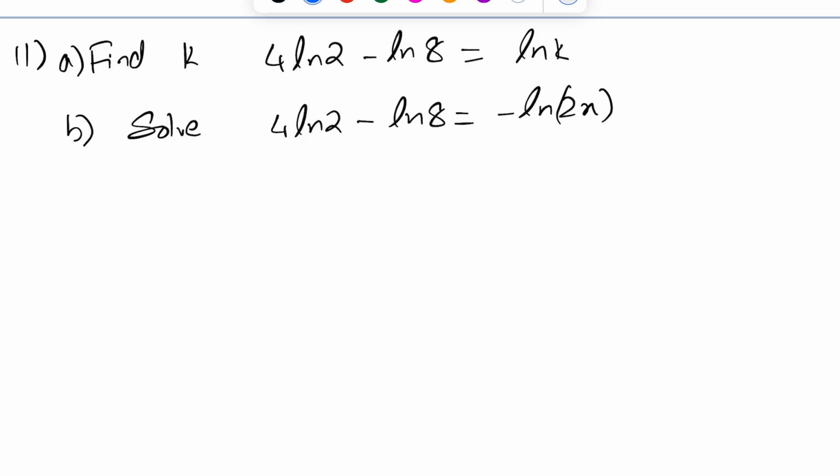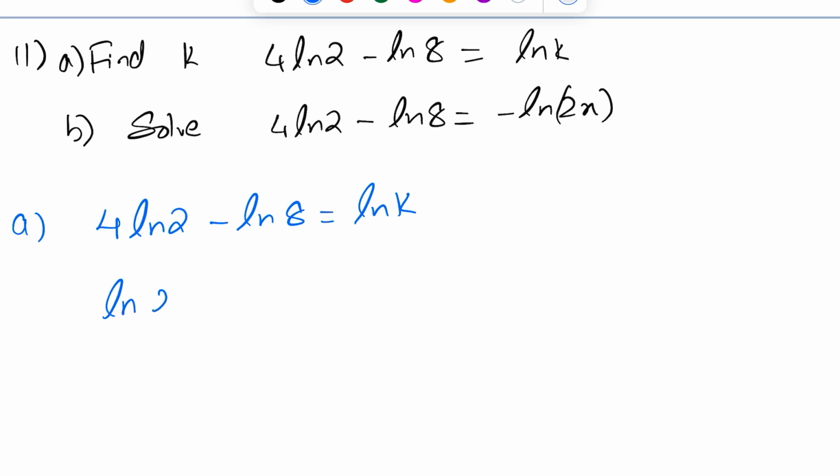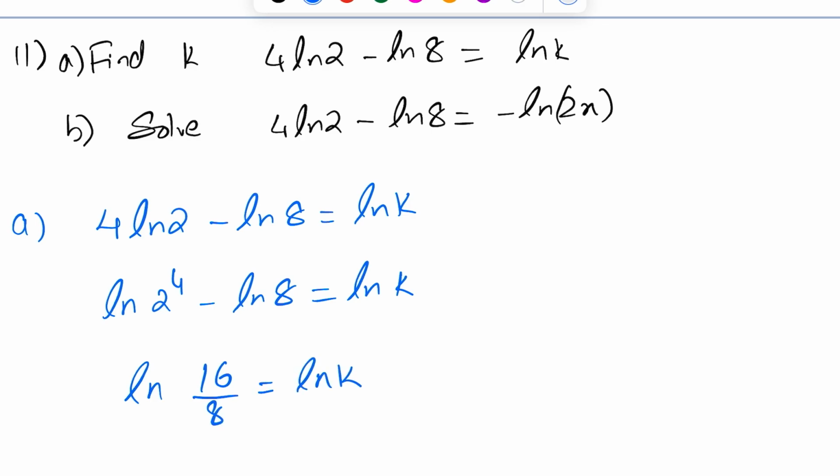So first one, part A: 4 ln 2 minus ln 8 equals ln k. So it becomes ln 2 power 4 minus ln 8 equals ln k. Minus becomes division. 2 power 4 is 16 divided by 8 equals ln k. Ln and ln get cancelled. So I'm going to get 2 equals k.